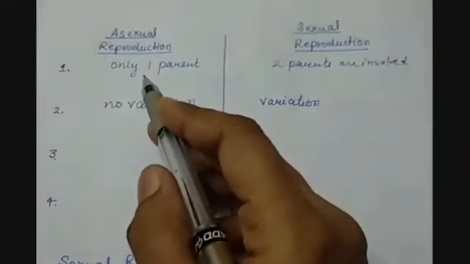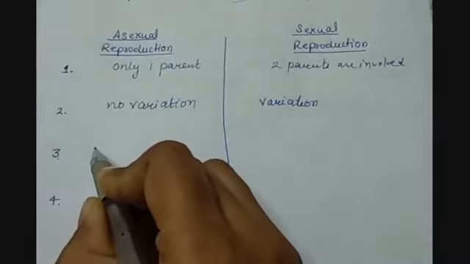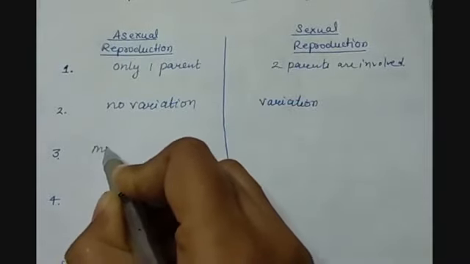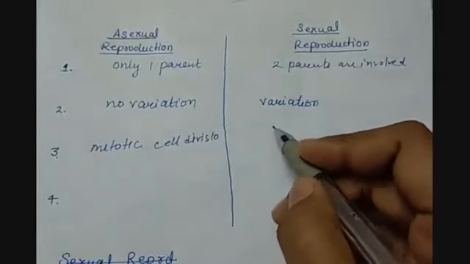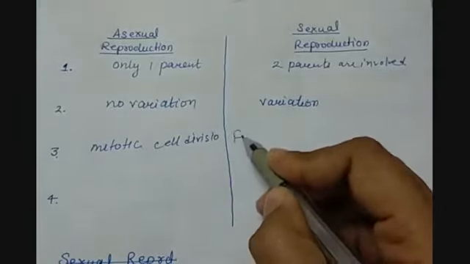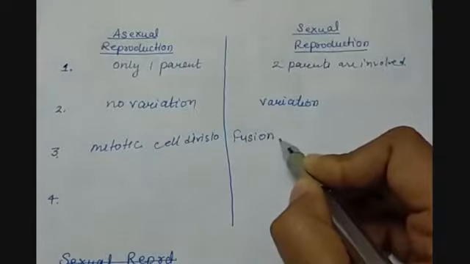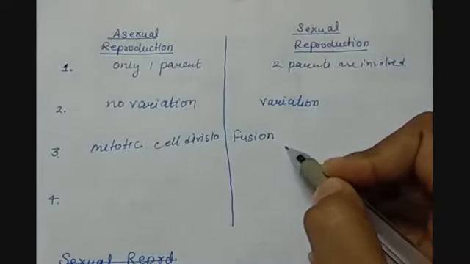Then in asexual reproduction, division of cells takes place, or you can call it mitotic cell division. But in sexual reproduction, first the fusion of cells takes place, and then one cell keeps on dividing to grow a new organism.